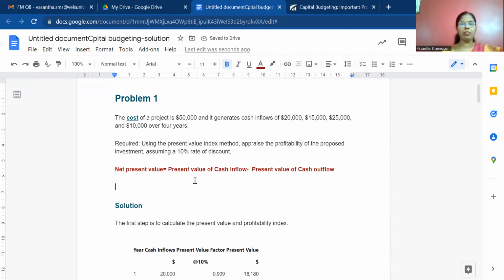The profitability index of the proposed project. So the profitability index method is equal to the relationship, the ratio between present value of cash inflow divided by present value of cash outflow.